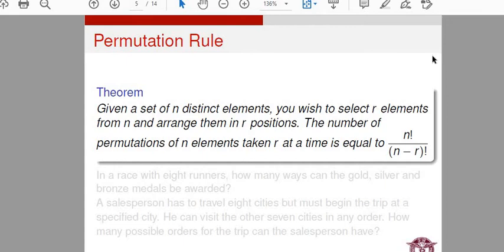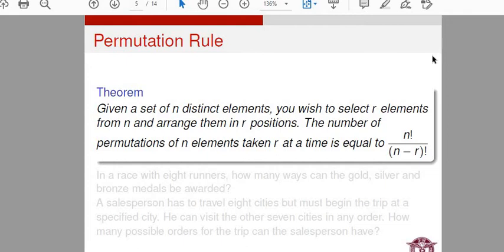So understand the theorem first. Given a set of n distinct elements, we have 3 distinct elements. You wish to select R elements from n and arrange them in R positions. The number of permutations of n taken R at a time is equal to, so put the values here, 3 factorial divided by 3 minus 3 factorial.